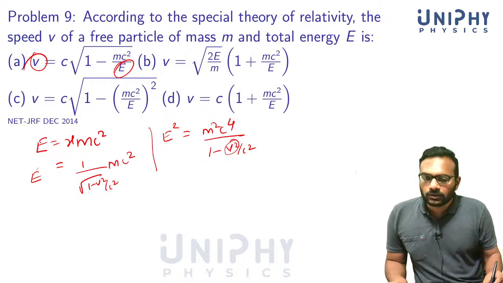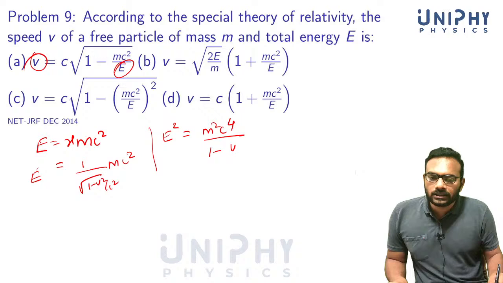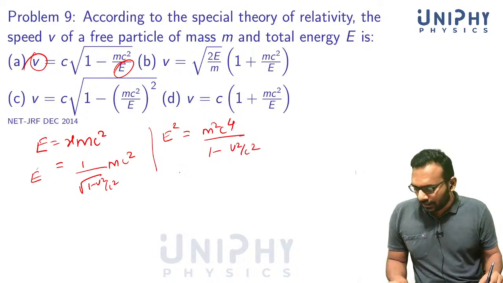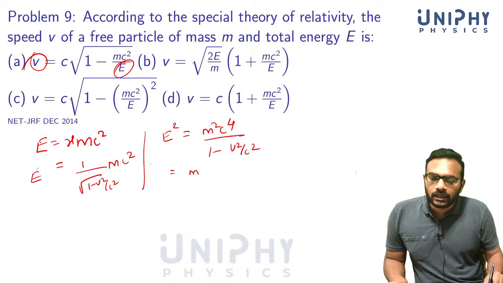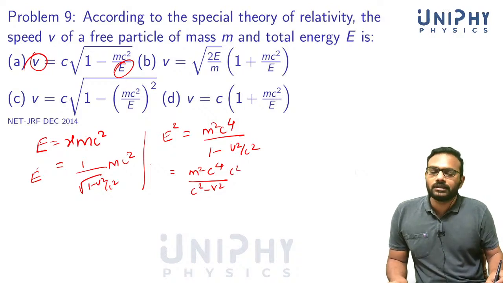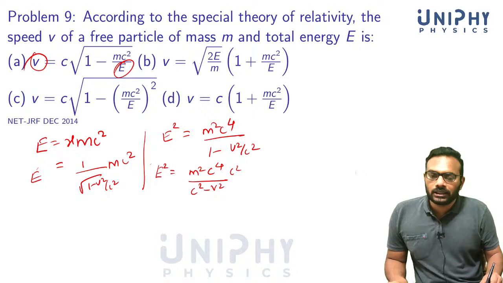So this is 1 minus v square by c square, and you can write this as m square c raised to 4 divided by c square minus v square divided by c square. So that c square will appear here. This is your E square.